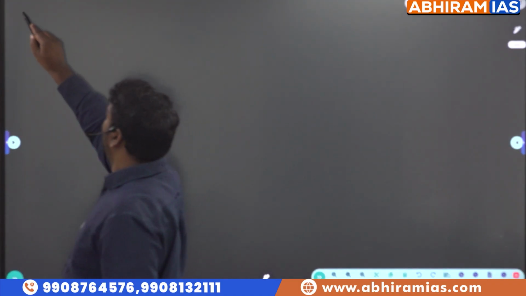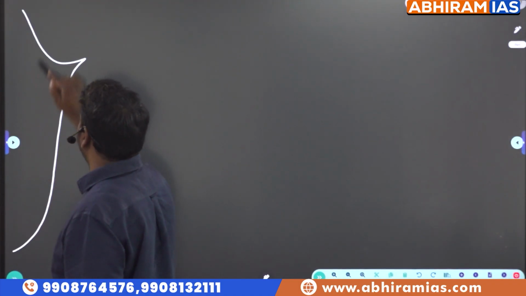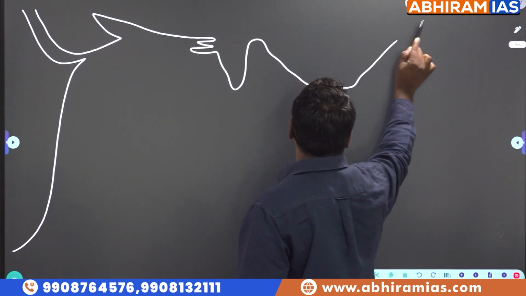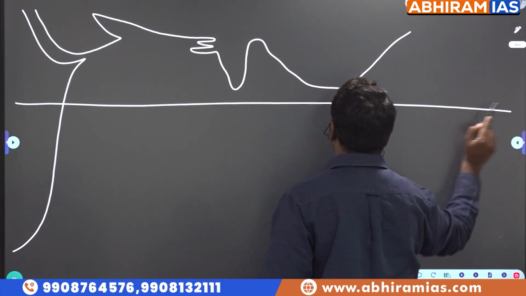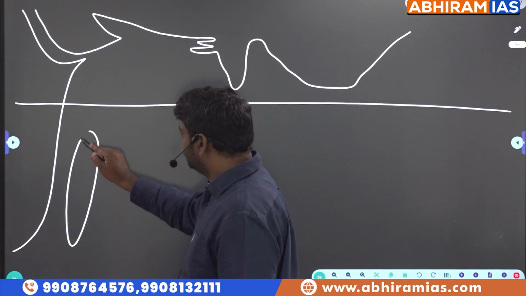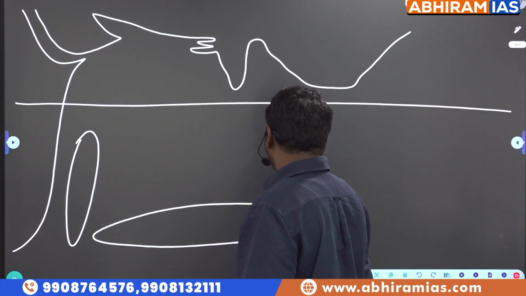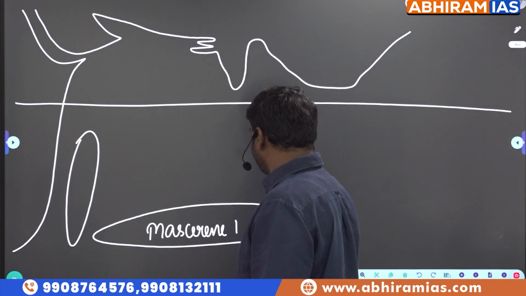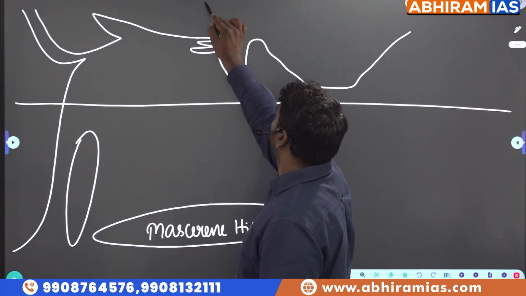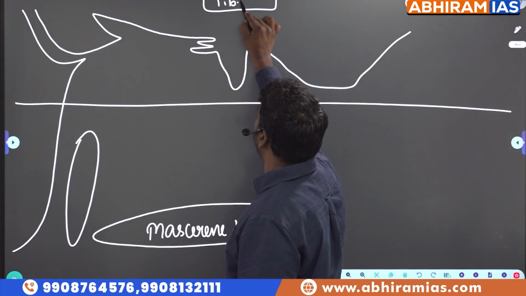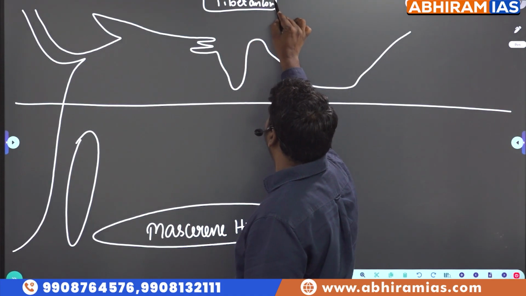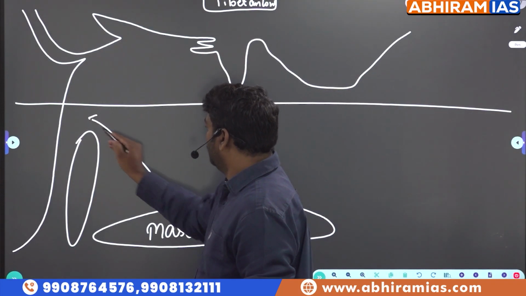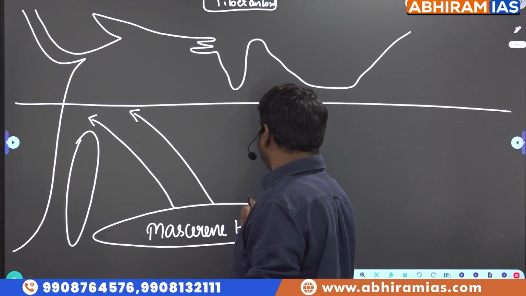So you have Mascarene, Tibetan low. Wind will first blow from Mascarene to equator.